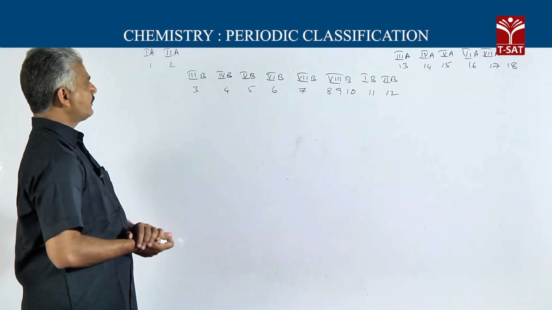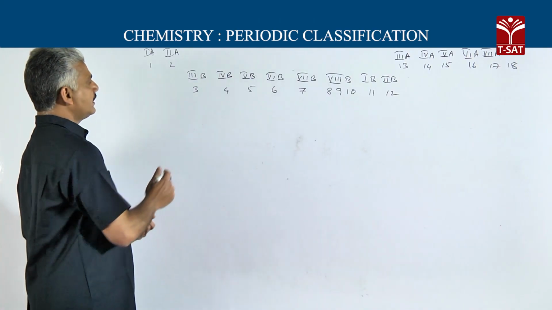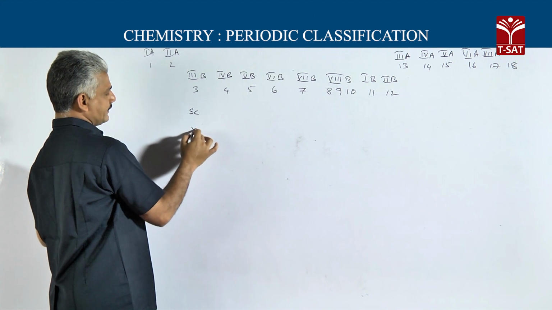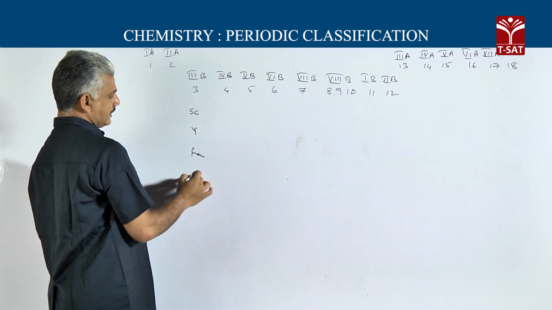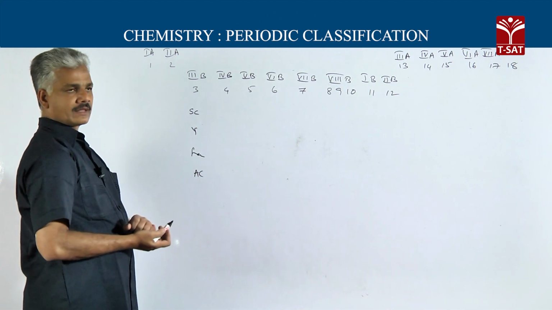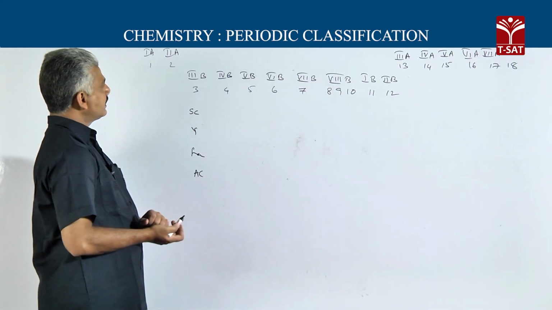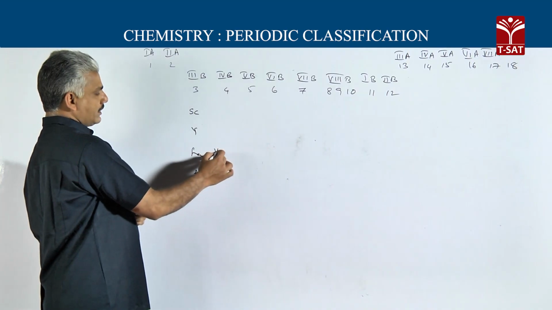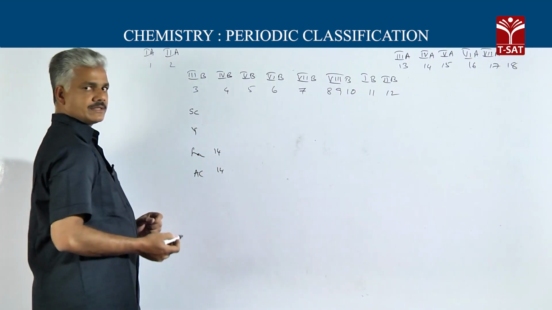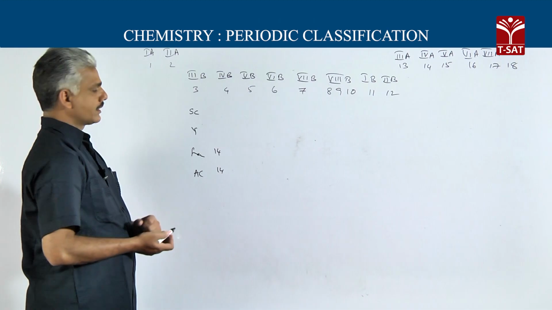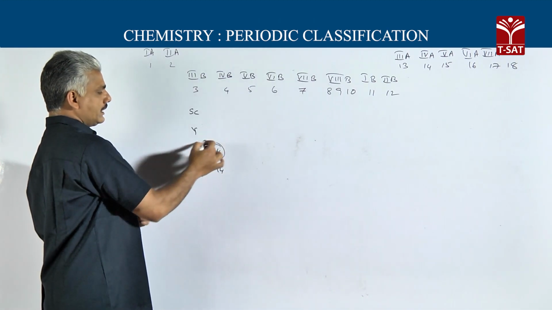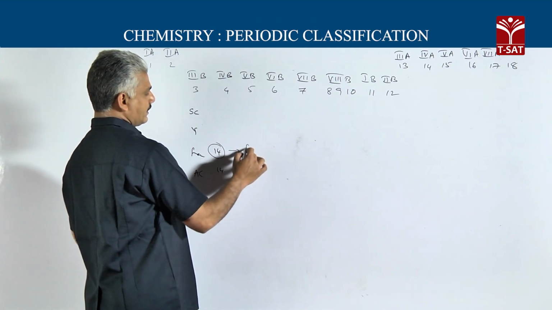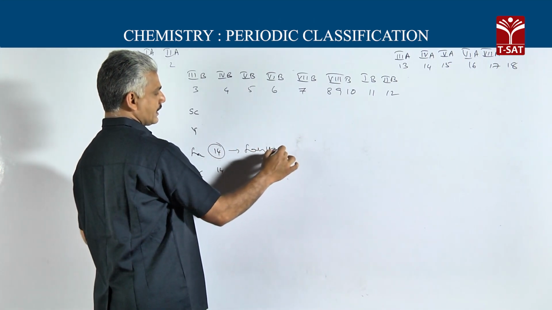So, one more thing we have to remember is, in the third B group, the elements present are scandium, yttrium, lanthanum and actinium. But along with these 4 elements, a total of 28 elements are clubbed together. Along with lanthanum, 14 elements are placed together, and those 14 elements are called lanthanides.